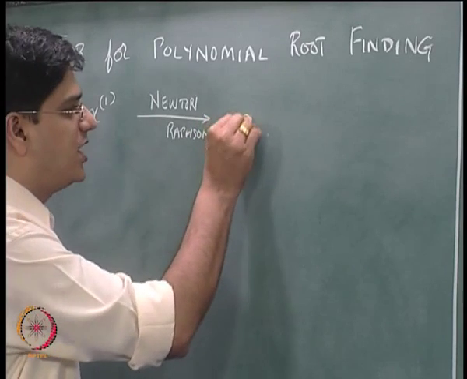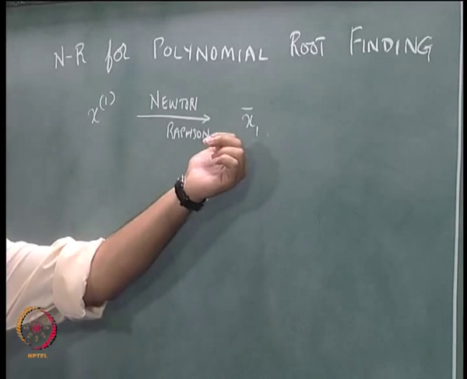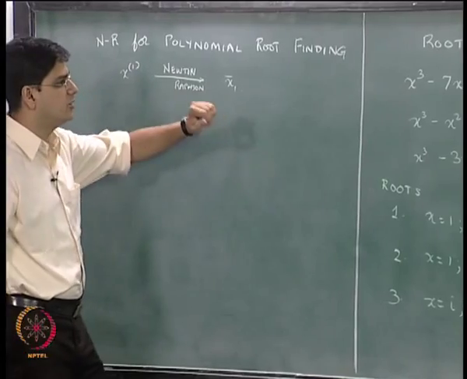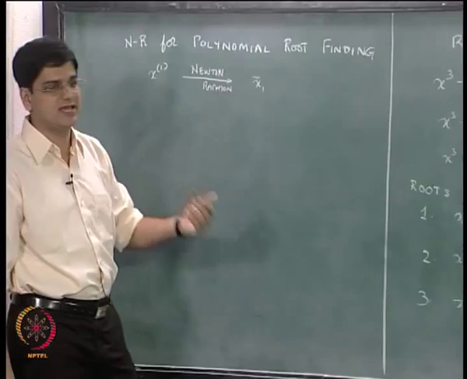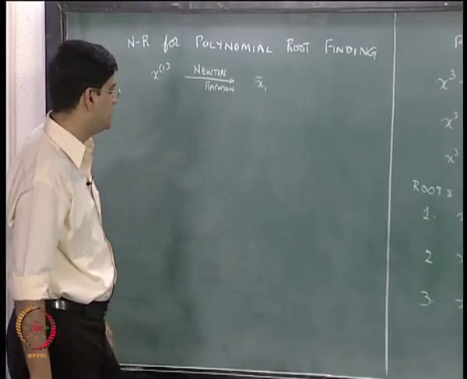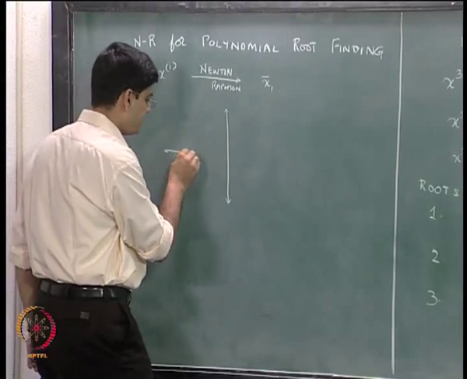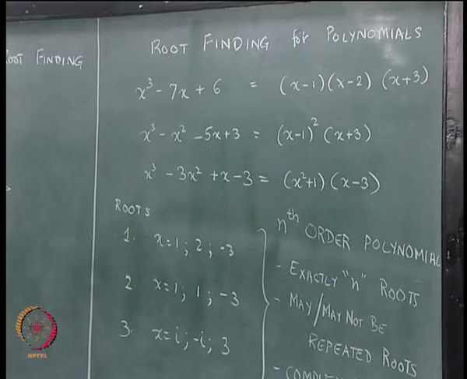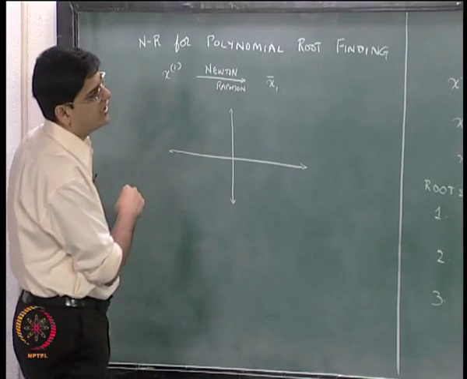Let us call it x bar 1, just to represent that it is one of the roots of that particular polynomial. Let us look again at the first polynomial, x minus 1 multiplied by x minus 2 multiplied by x plus 3. If we start with that polynomial, the curve is going to look like this, with intersections at minus 3, plus 1 and plus 2, and it is negative for negative values of x.